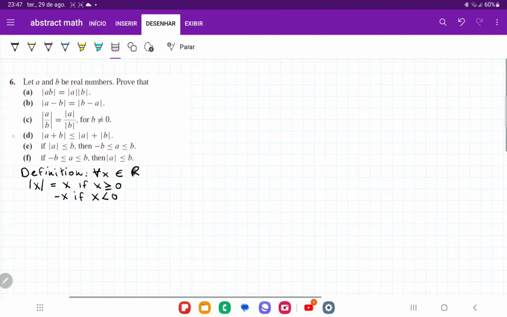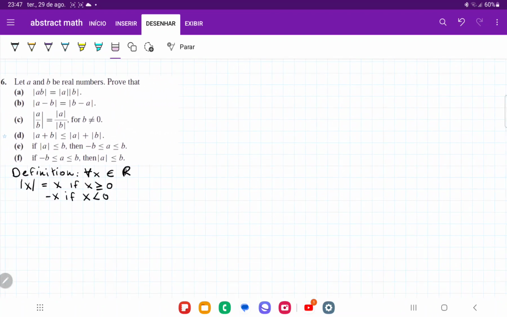So for item E, we have that if the absolute value of A is less than or equal to B, then this guy right here. So we're going to begin by assuming our hypothesis.